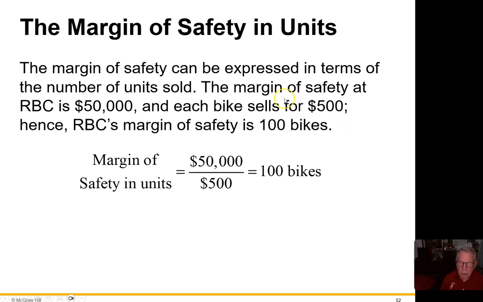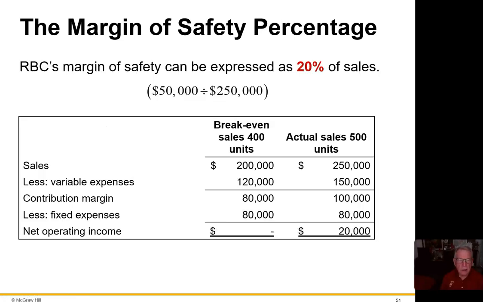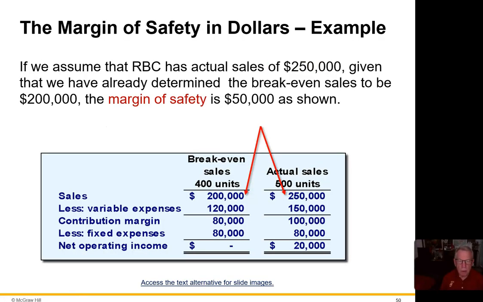And if we did that, the margin of safety is $50,000. Each bike sells for $500, so its margin of safety is 100 bikes. And you can see that easily from these numbers here, the difference between 500 units and 400 units.